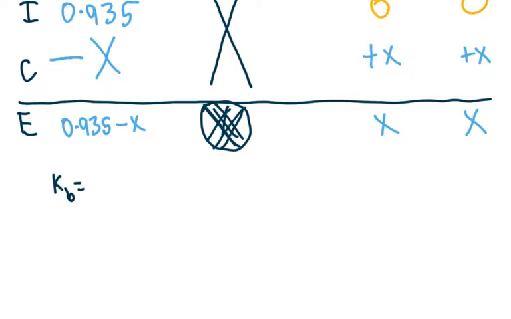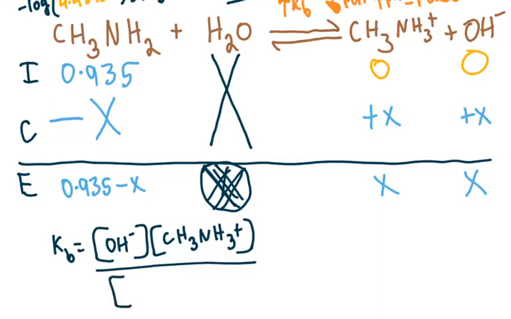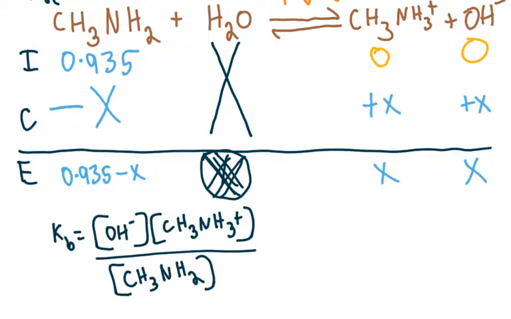Kb equals the concentration of our products multiplied together, so OH minus times CH3NH3 plus, divided by our reactant concentration except for water, so that's only methylamine.